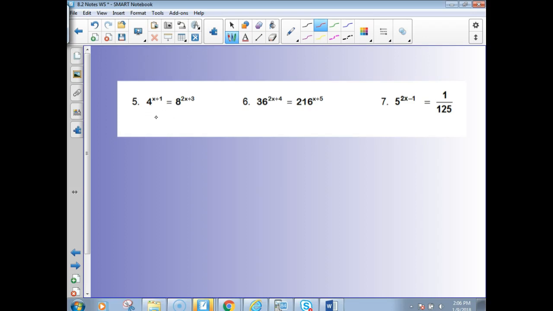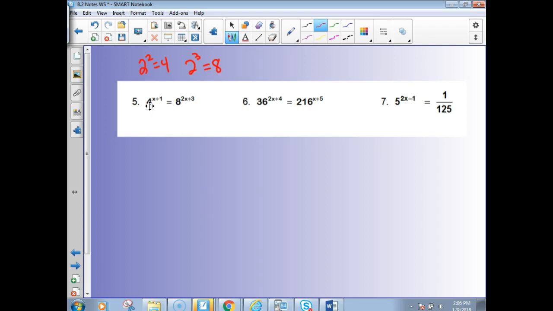Sometimes you have to change both of them. We have to change both in this case. So what is a base that we could change to that would give us a 4 and an 8? Base 2. All right. Because we know 2 squared is 4, and we know 2 to the 3rd is 8.